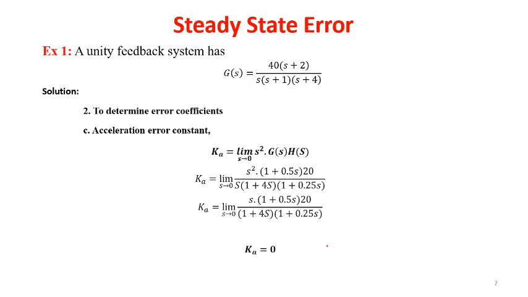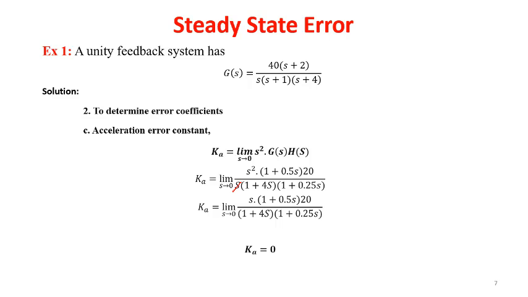Next, to determine the acceleration error constant Ka, the formula is limit s square into g of s h of s as s tends to 0. Before applying the limit, we simplify.